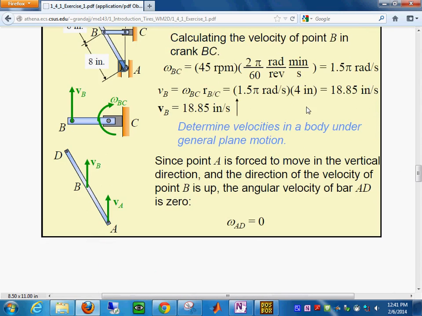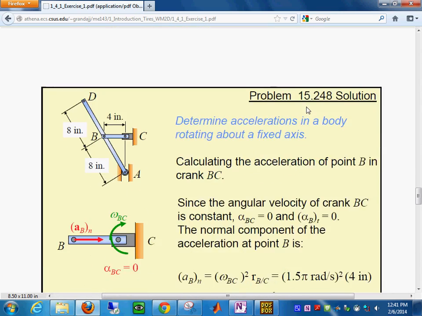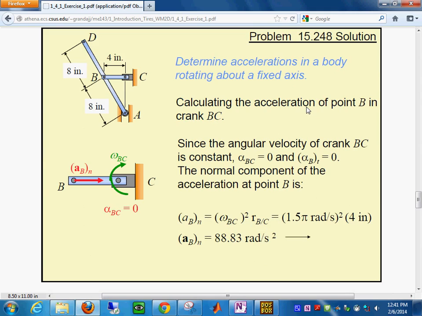Let's see what happened over here. There we go. How do we solve this? We calculate the acceleration also at that point, which would be omega squared cross r towards the point, towards C. That's this.